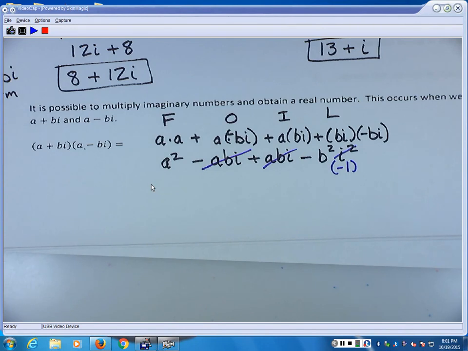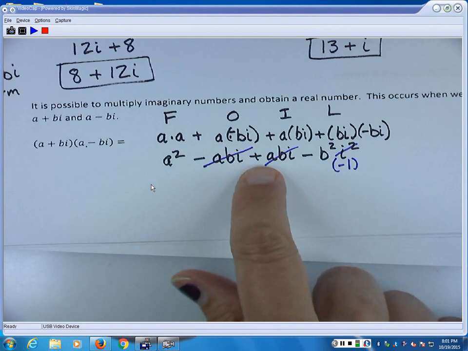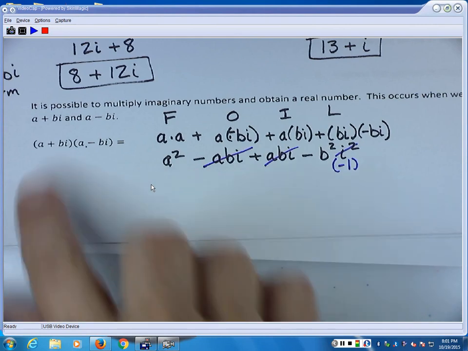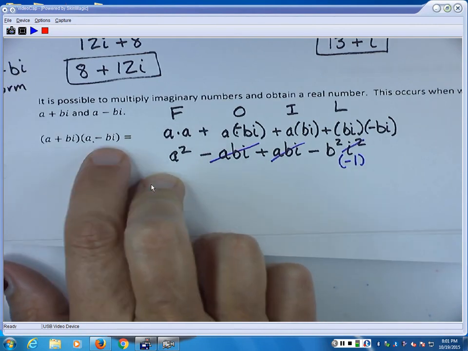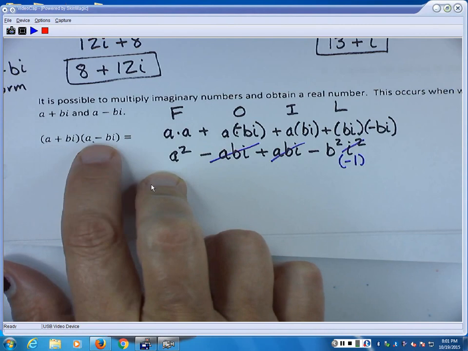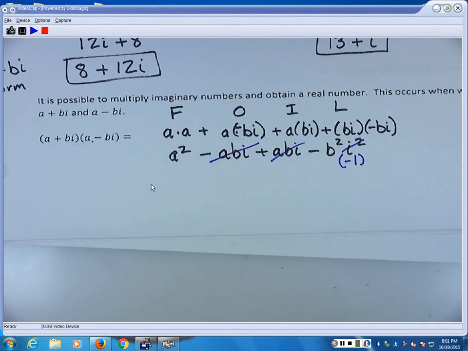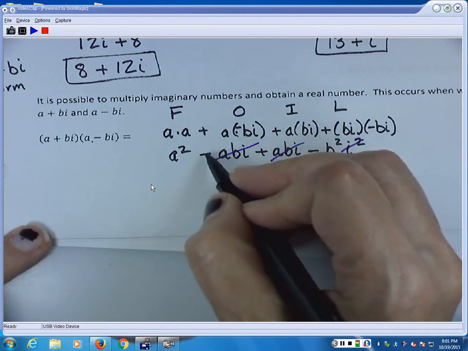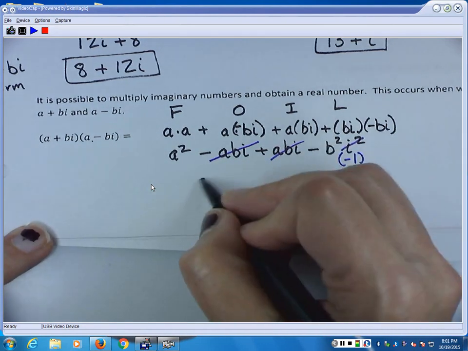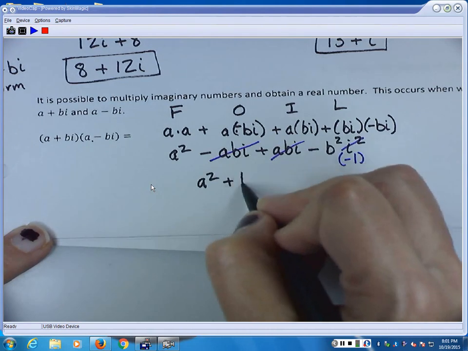That's because they're opposite signs. Anytime you have plus or minus in the same things here, the inner and outer terms will cancel. And then you have a squared, and this minus sign went with that. So you have a squared plus b squared.